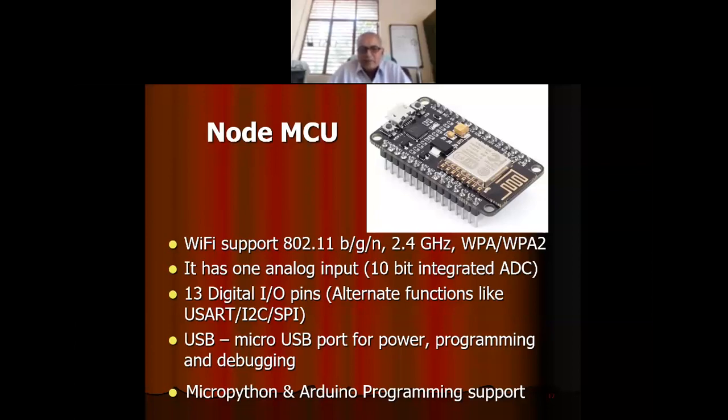Of course, more boards are coming, like the ESP32 and others, which have more analog input pins. So nowadays, Wi-Fi capability along with more analog inputs is also available. Even the Arduino Nano, which we were talking about, has Wi-Fi and many analog inputs.